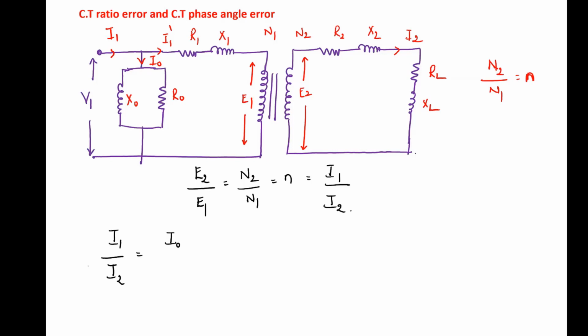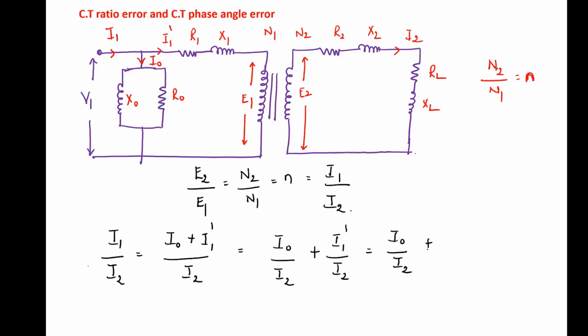I1 is the sum of magnetizing current plus load component of primary current, divided by I2. This is equal to I0 divided by I2 plus I1 dash divided by I2, where I1 dash divided by I2 is the exact current ratio.